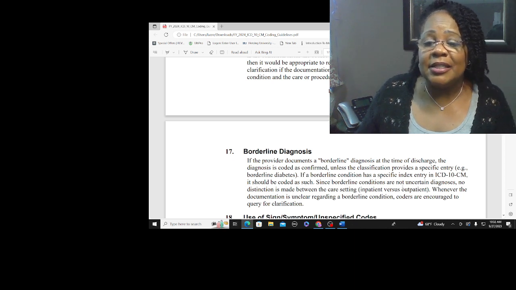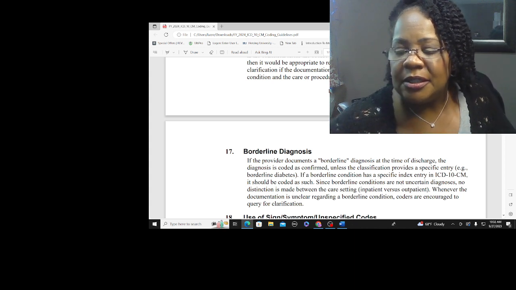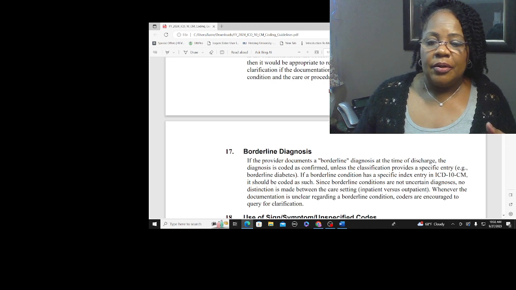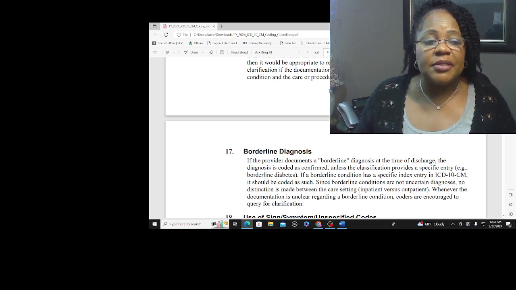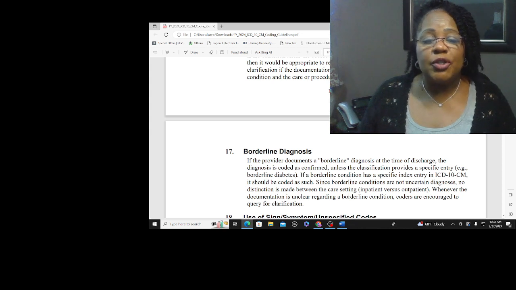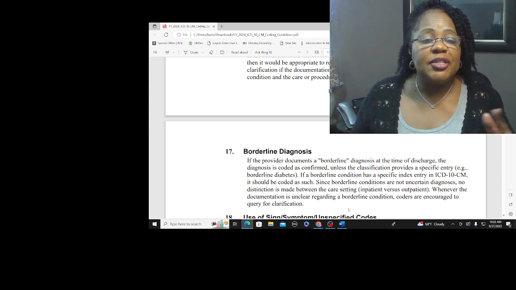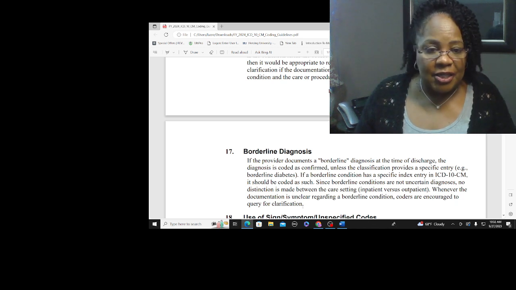Since borderline conditions are not uncertain diagnoses, no distinction is made between the care setting, inpatient versus outpatient. Whenever the documentation is unclear regarding a borderline condition, coders are encouraged to query for clarification.